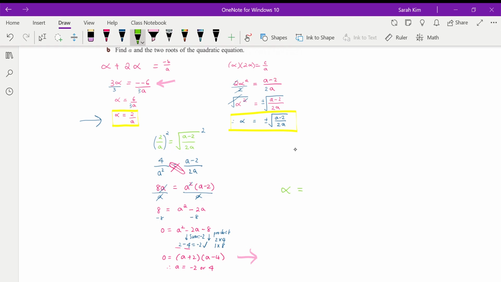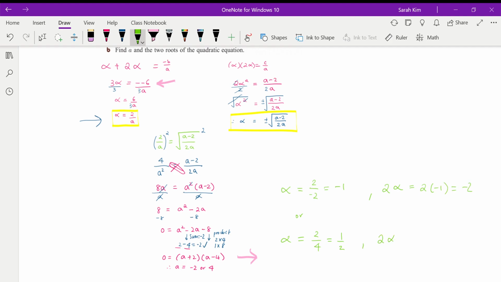Alpha is going to be 2 over a, which is that one, or alpha is going to be 2 over 4. So for that option, I get minus 1. This option, I get a half. So this is one of the roots. In order to find 2 alpha, that's my other root, it's going to be double that. So 2 times minus 1, which is minus 2.